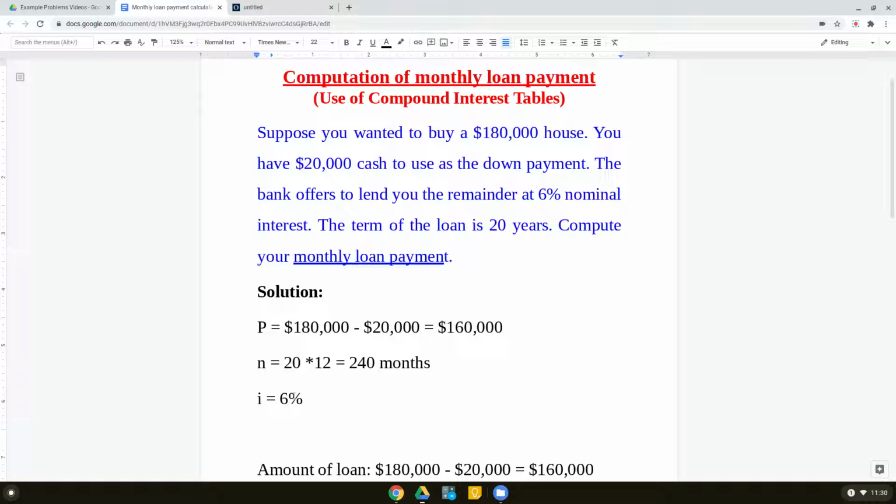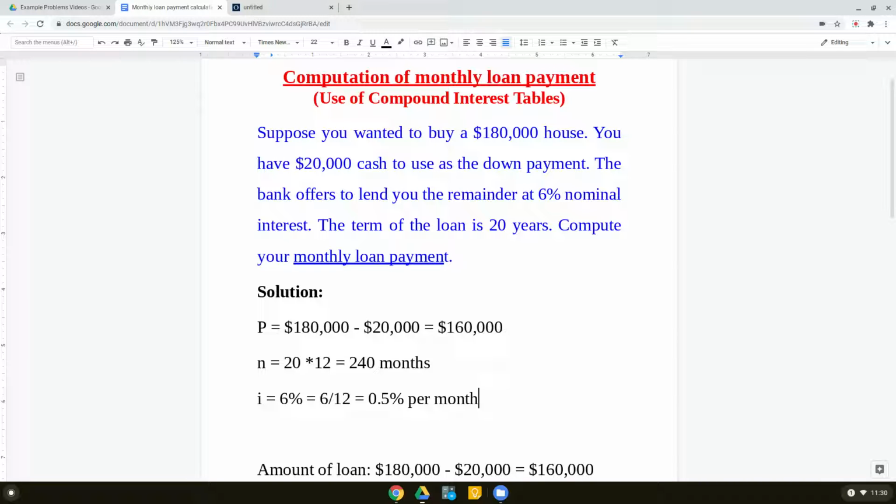We have interest rate annually, and we want to calculate monthly loan payments, and the number of pay periods we have now converted into months. So we also need to convert our interest rate to months. So that would be 6 divided by 12. We take the annual interest rate and divide it by 12. That gives us 0.5% per month. Okay, so everything is consistent now.